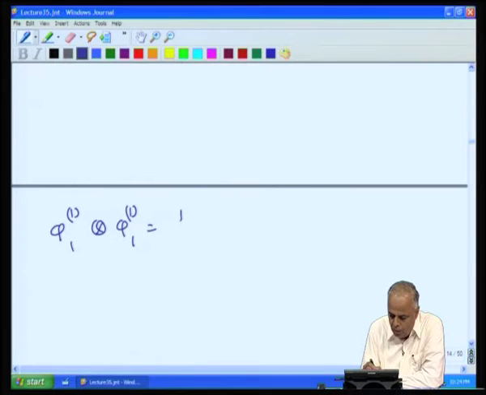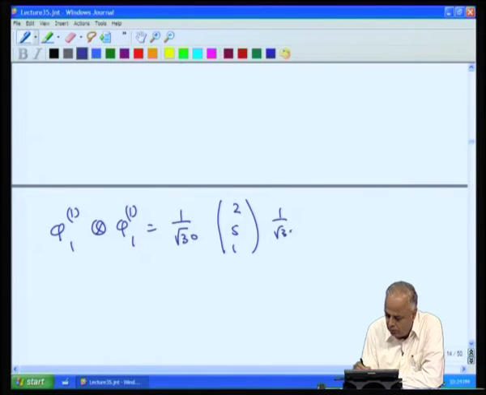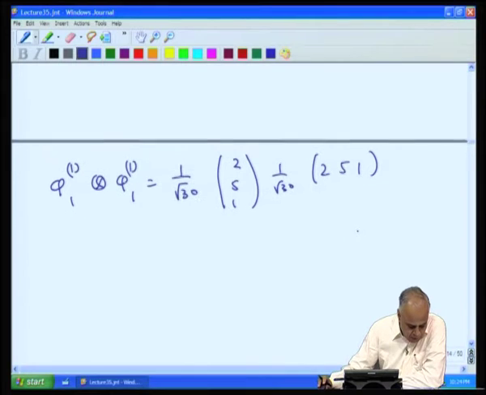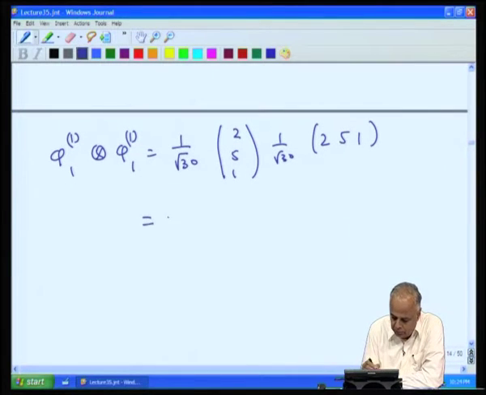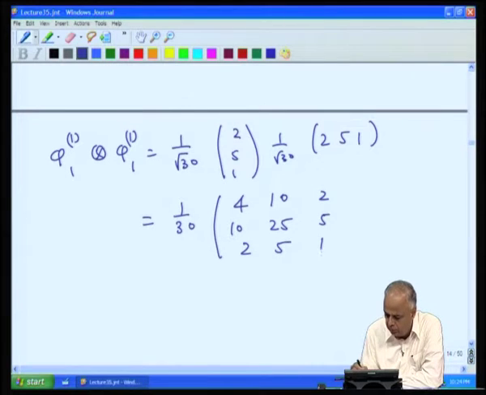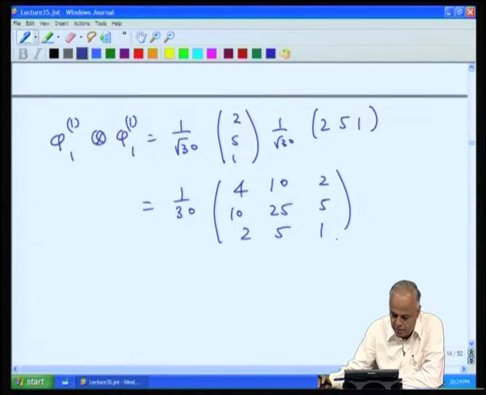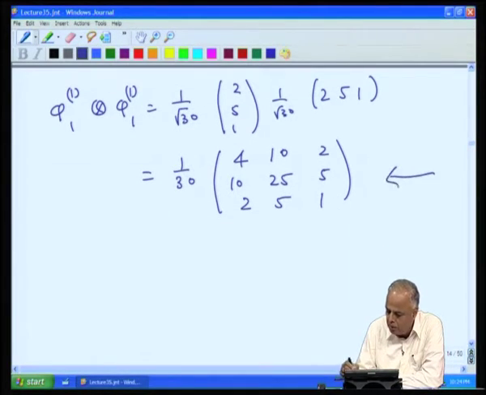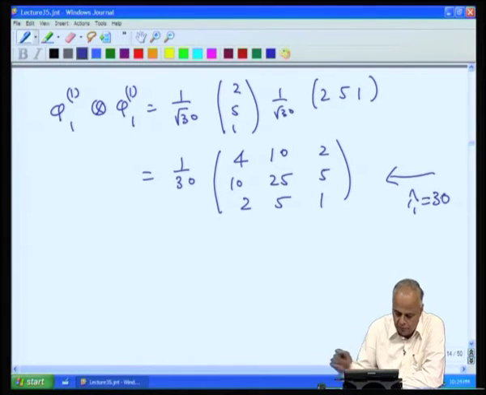Now, we compute phi 1 tensor phi 1, which is 1 by root 30 into (2, 5, 1) times 1 by root 30 into (2, 5, 1), which we have calculated earlier in the previous example, and it turns out to be 1 by 30 times the matrix (4, 10, 2; 10, 25, 5; 2, 5, 1). This is the same as what was obtained in the previous example, and we keep reminding that this corresponds to the eigenvalue 30.